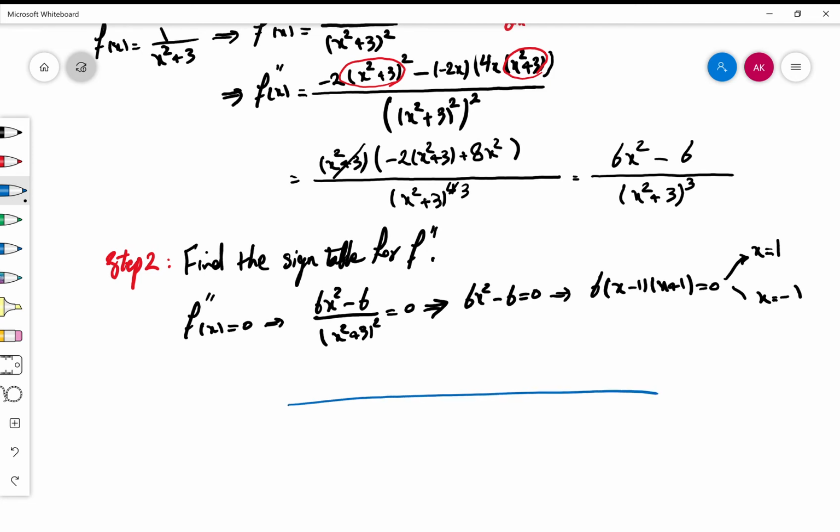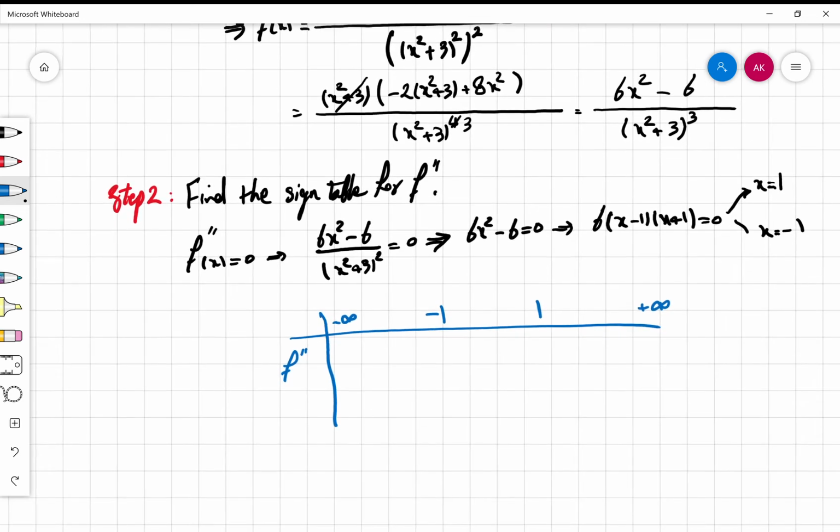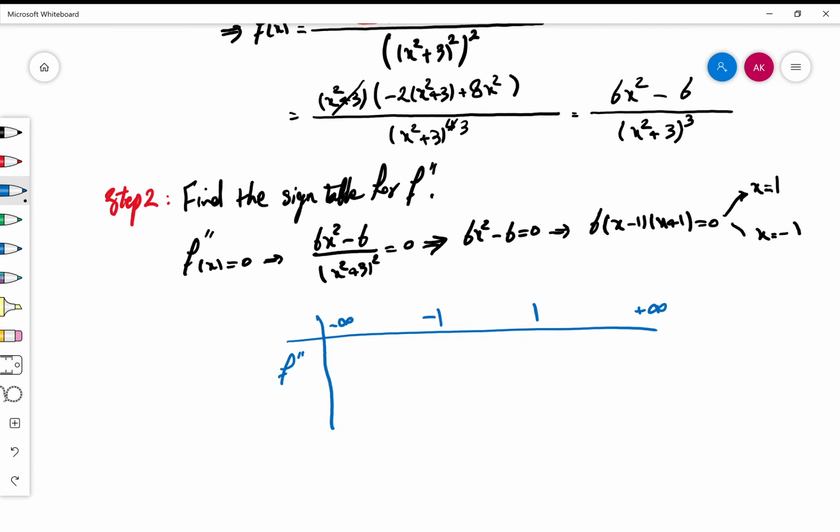Okay, when we have those, we start working on the table. First, put the roots in the right order: negative 1, 1, and then plus infinity. The function is defined for every x, since the denominator is never 0. So f double prime is 0 here and 0 there.